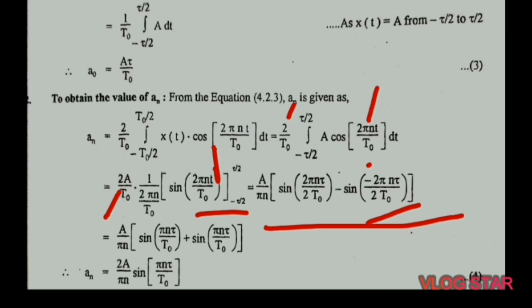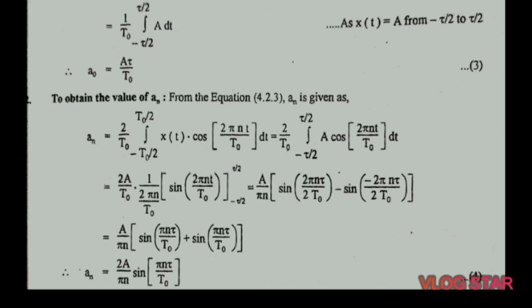In this step we perform the integration and put in the values of the higher limit and lower limit, and we get this equation. In the next step, the minus minus becomes plus, so we get A upon pi n times sin(pi n tau divided by T0) plus sin(pi n tau divided by T0).